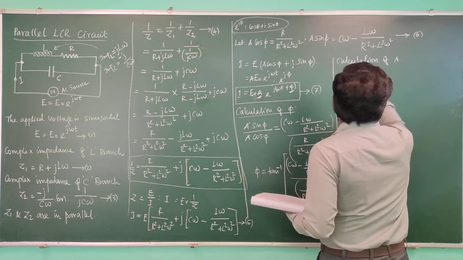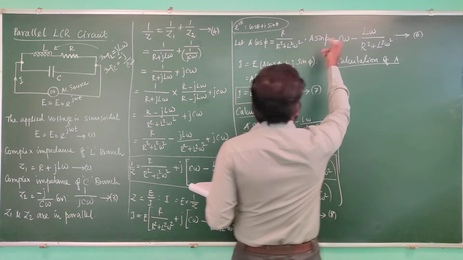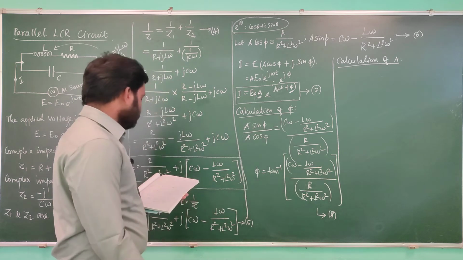Calculation of a. Square this term and this term, then add these two square terms.